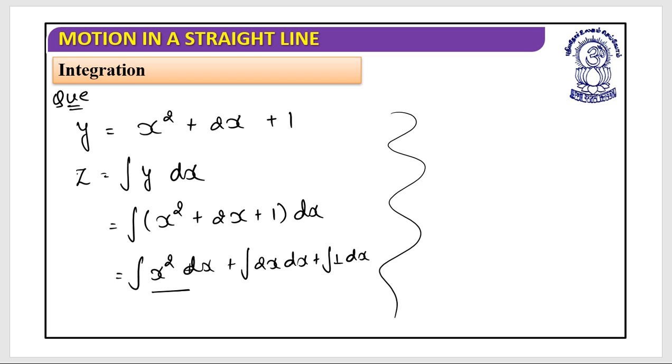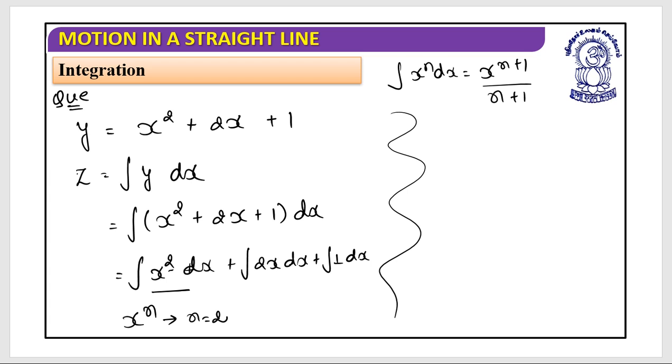Now what would be the situation? First you need to compare this with x to the power n. Then in this case n is equal to 2. Shall I write down the master formula? Integration of x to the power n dx is equal to x to the power n plus 1 divided by n plus 1.